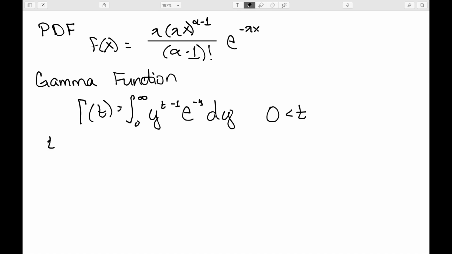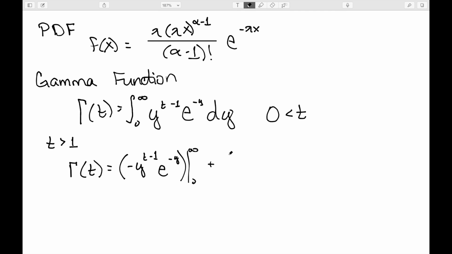I want to briefly consider what happens if t is greater than 1. In this case, I can use integration by parts to get negative y^(t minus 1) e^(-y) evaluated from 0 to infinity, plus the integral from 0 to infinity of (t minus 1) y^(t minus 2) e^(-y) dy.